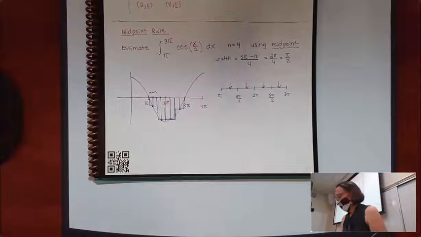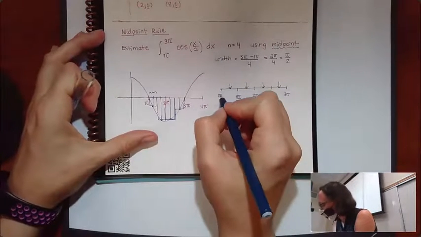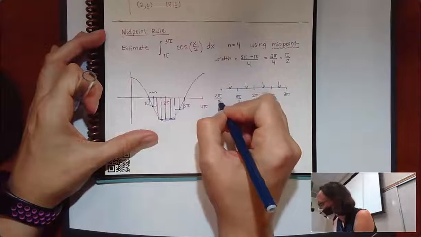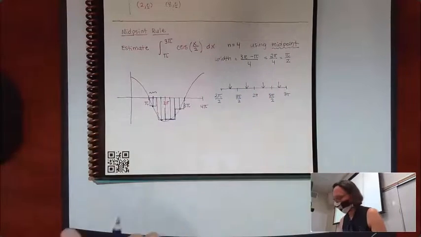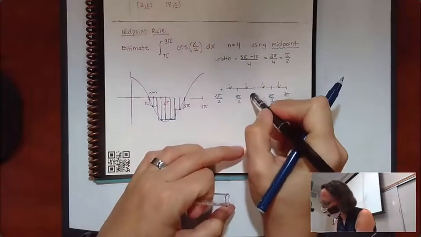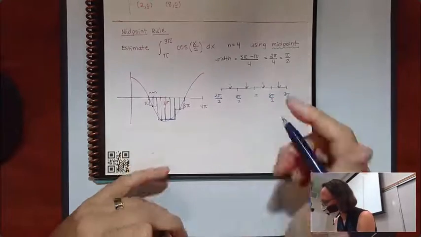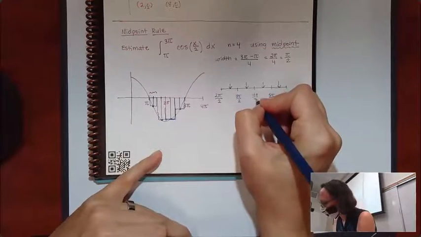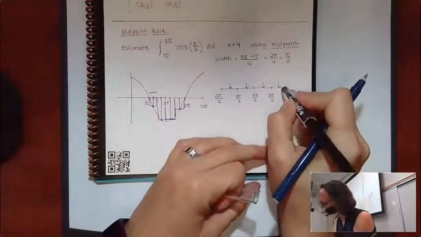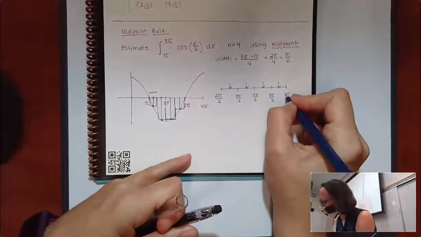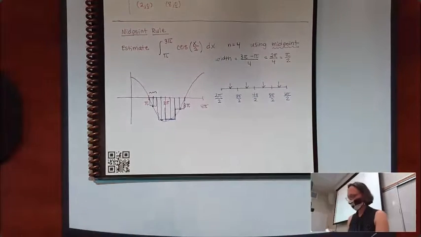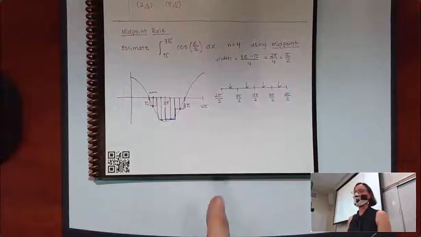So I'm going to write that pi as 2 pi over 2, and I'm going to write 2 pi as 4 pi over 2, and I'm going to write 3 pi as 6 pi over 2. Way easier for me to do the math now.